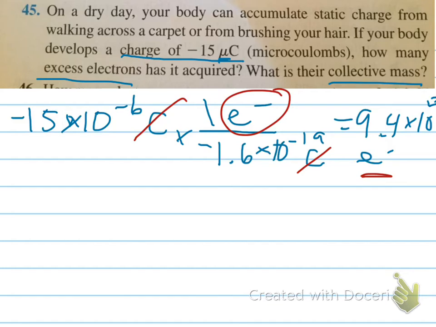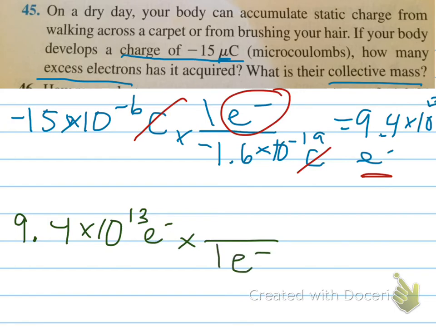So now I'm looking for their collective mass. So if I have 9.4 times 10 to the 13 electrons, and from the book, I know that one electron has a mass of 9.1 times 10 to the negative 28 grams, then my electrons are going to cancel out.